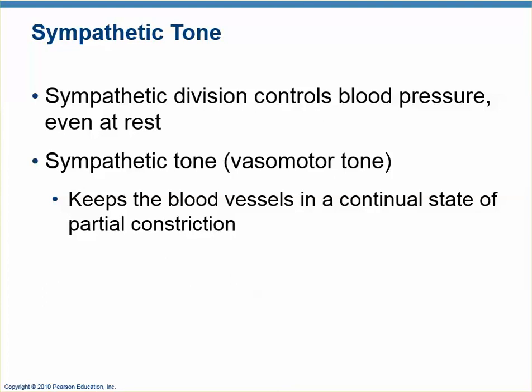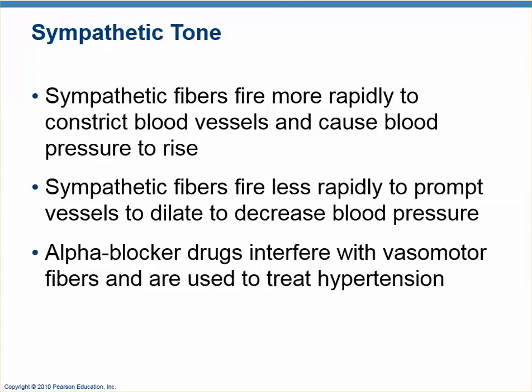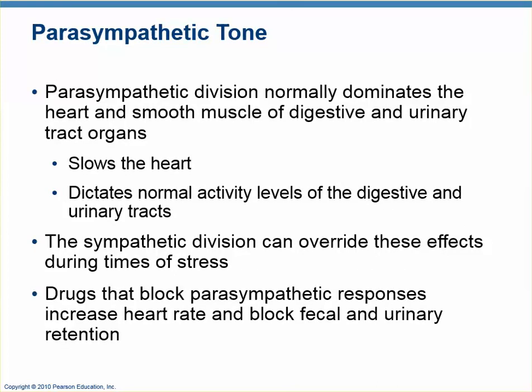So we tend to have some vasoconstriction most of the time, so that when we turn down the sympathetics and turn up the parasympathetics, we just reflexively get vasodilation. It's because the sympathetic fires more rapidly, and so we can raise blood pressure very effectively this way. Parasympathetics slow the heart and control normal activity in the digestive and urinary systems.